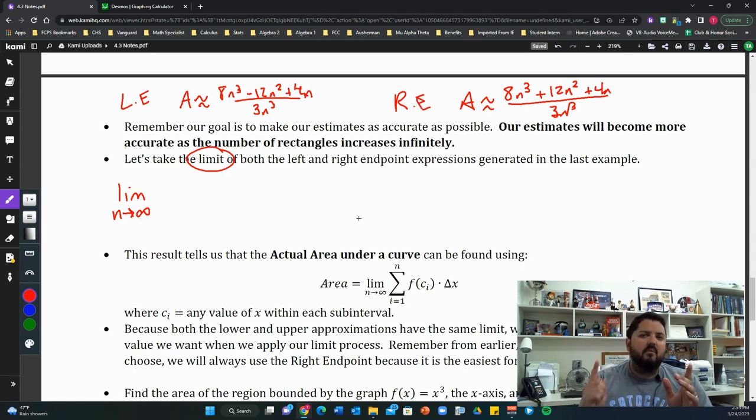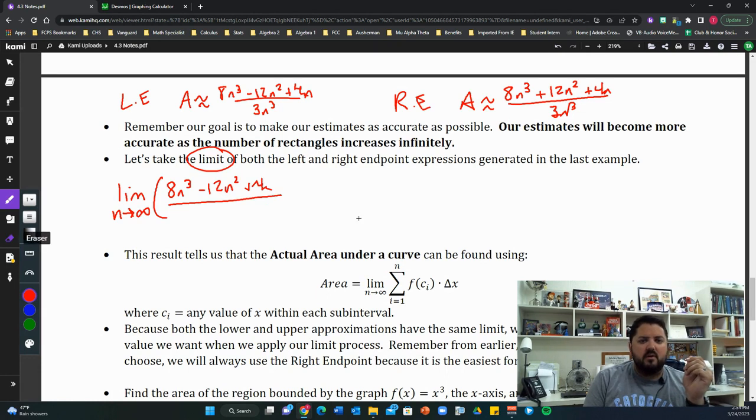But if you really think about what that does, as the number of rectangles gets bigger, then the width of each one is actually growing infinitesimally small, or super, super thin. Okay? So the limit as n approaches infinity of 8n cubed minus 12n squared plus 4n over 3n cubed.